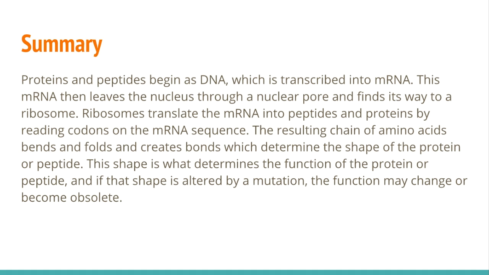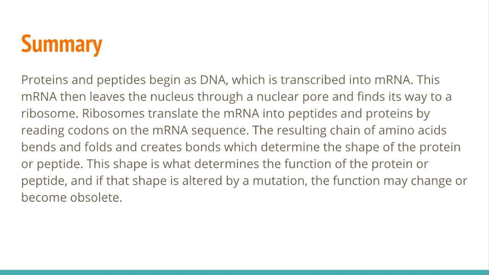The tRNA brings amino acids into the ribosome and builds up the chain of amino acids, and this amino acid chain bends and folds and creates bonds, and these bonds determine the shape of the protein or peptide. It is the shape which determines the function of the protein or the peptide.